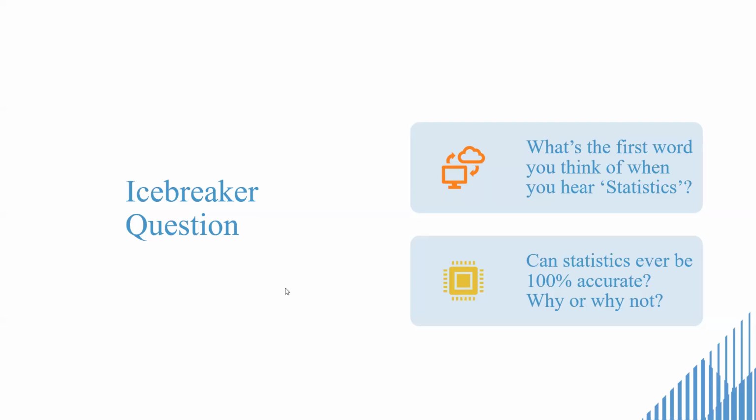I think statistics can never be 100% accurate because we will face many problems and errors while working with statistics, such as sampling error and measurement error. Sometimes when we are entering the data, there might be misunderstandings and misspellings of the data, and when we are doing some coding, there will be some errors. So in this case, we can say that statistics can never be 100% accurate.